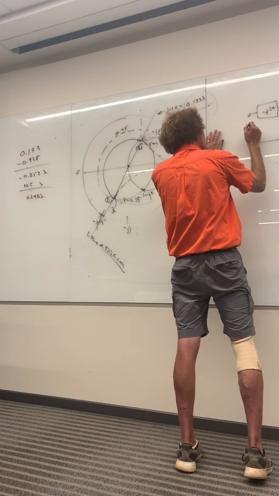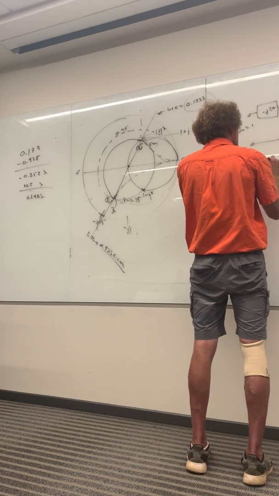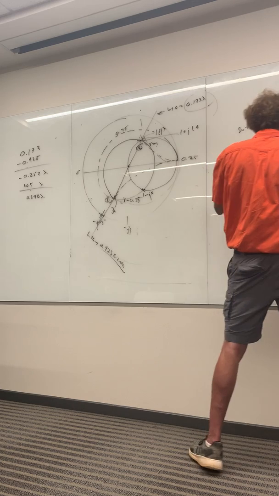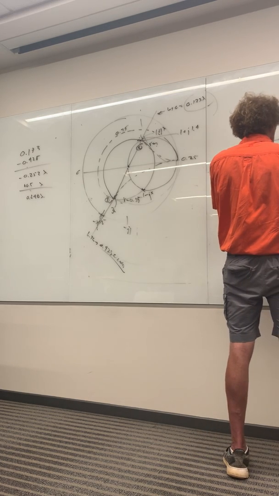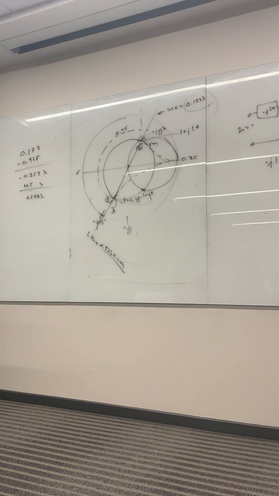So then my normalized input impedance here, Zn, would be equal to 1. So minus j 1.4 would be equal to minus j over omega C times Z naught. Again, I've taken the capacitive reactance, 1 over j omega C, and I normalized it, or divided by Z naught. Follow me, guys?